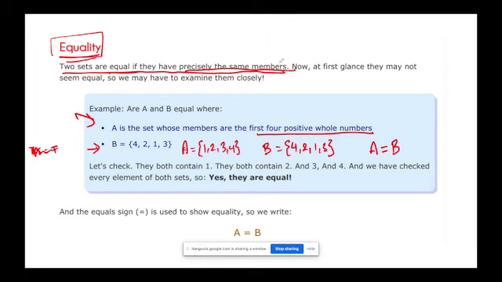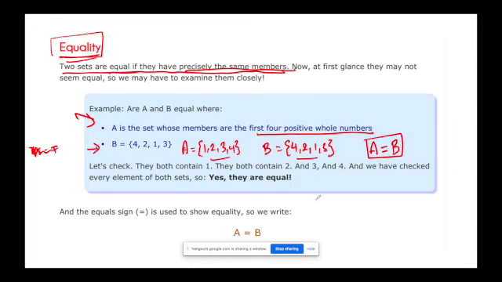Now, given that they are the same set, what conclusion can you make about the order of the elements? Yes, and that's a very good conclusion to make, Scotia.